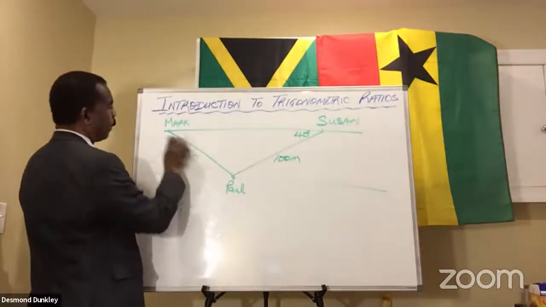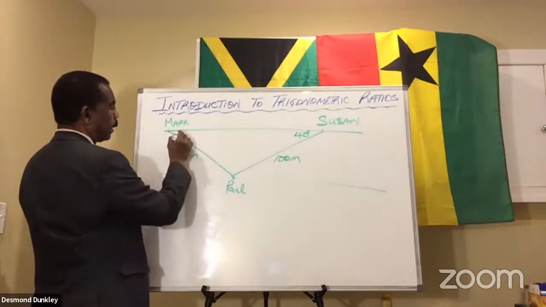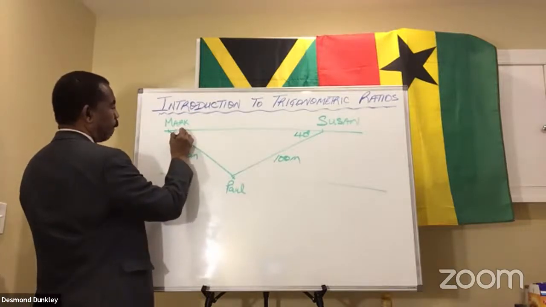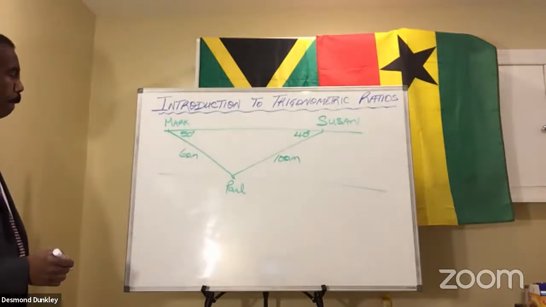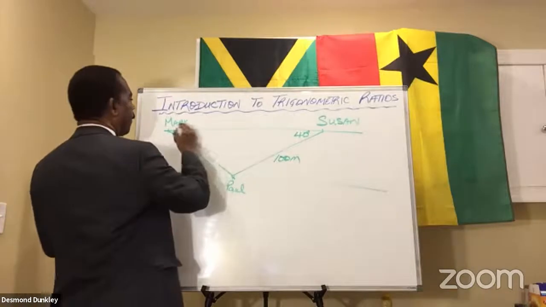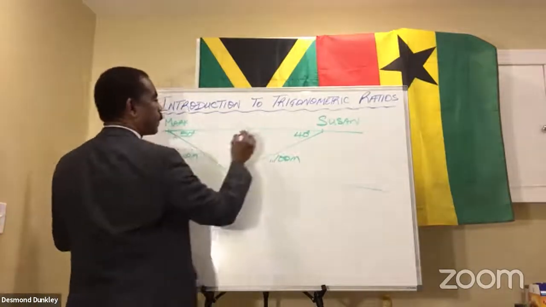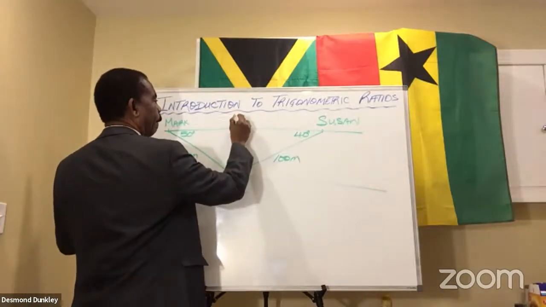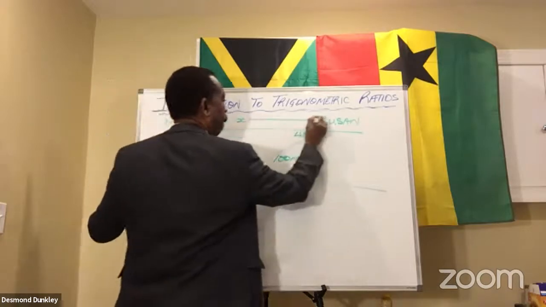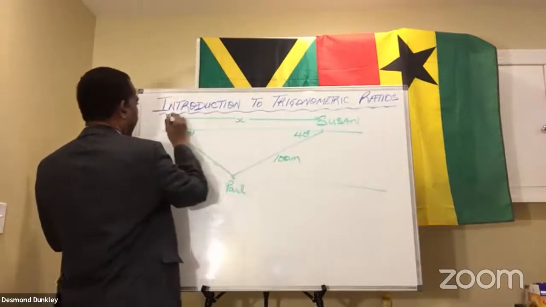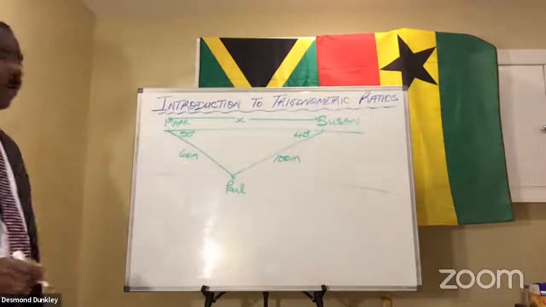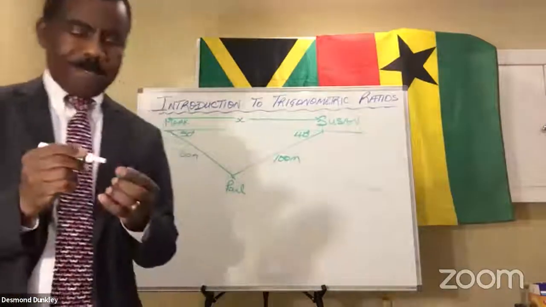And the angle between Paul and Mark is, say, 50 degrees. How far is Mark from Susan? How far are they apart?